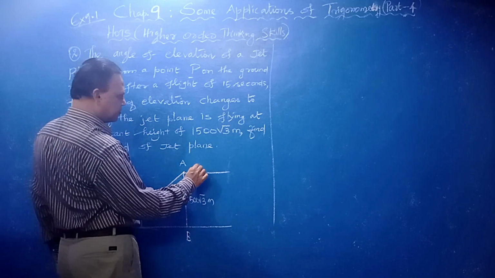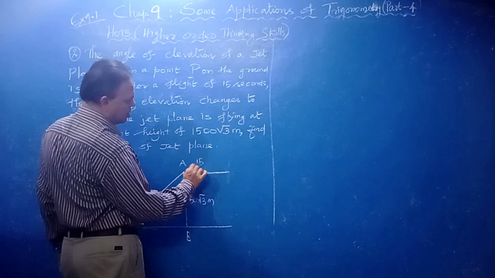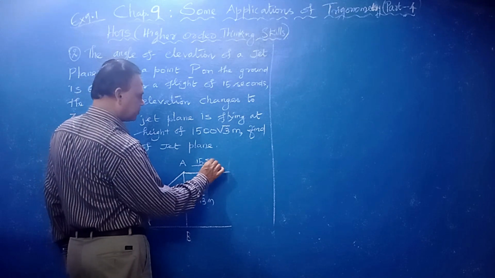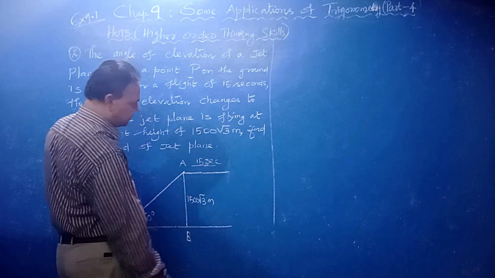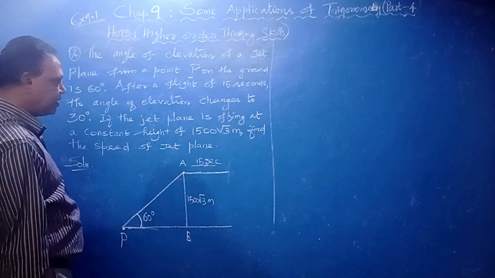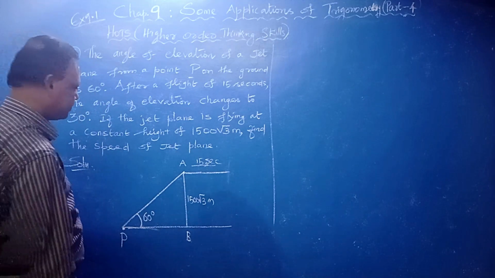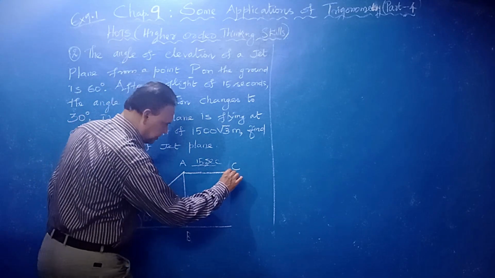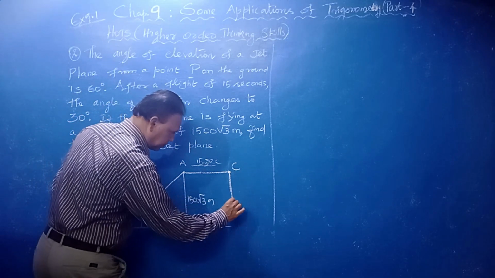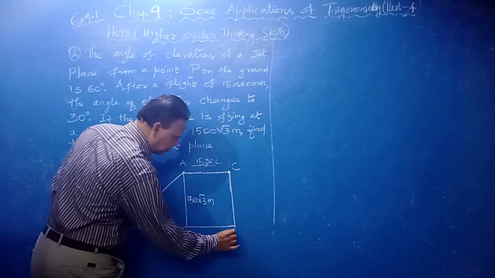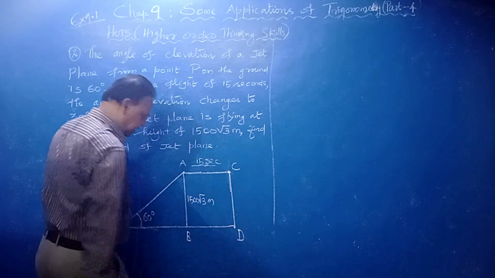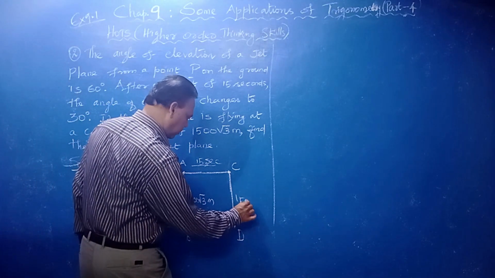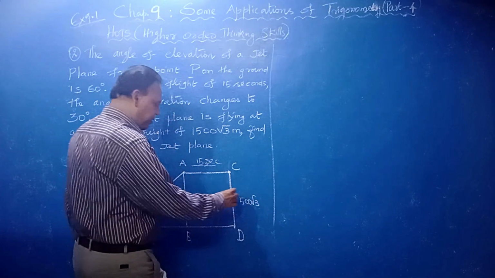After flying 15 seconds, it reaches here, the point C. Take this one as D, so CD is the same height.